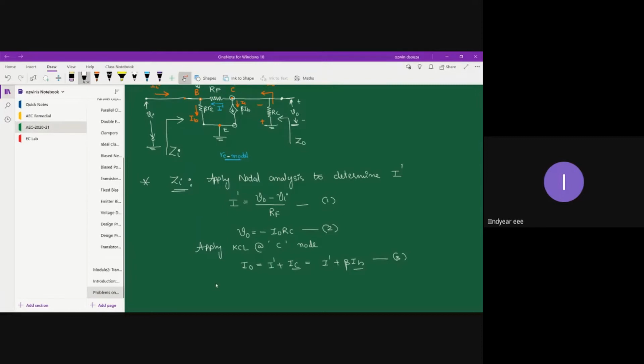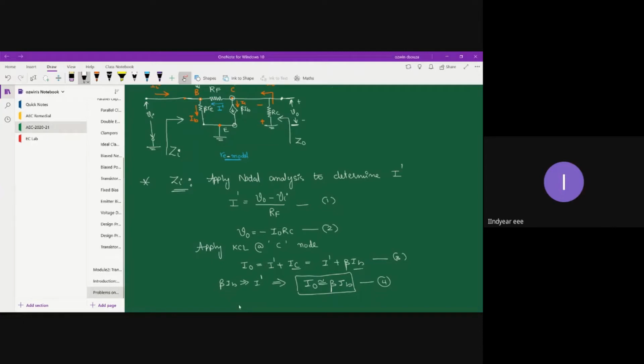On the output side, if you compare the current levels, beta times IB is very large in comparison with I dash. On that note, you can write I naught approximately equal to beta IB. This reduction greatly helps in the further analysis, as we can slightly reduce the complexity.